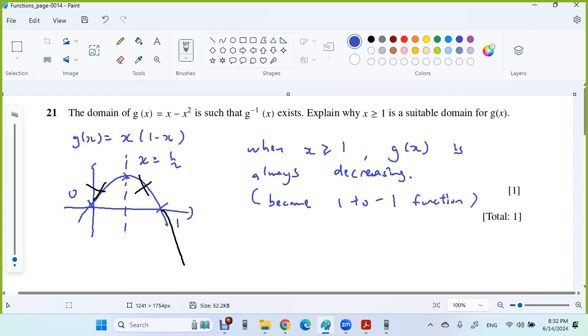So if we limit the domain, it will become a 1 to 1 function. Then only 1 to 1 functions have an inverse. So this one becomes 1 to 1, then it has an inverse.